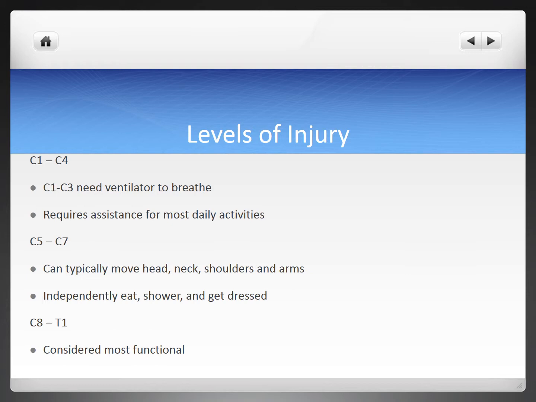Most daily activities will require assistance. In vertebrae C5 through C7, individuals can typically move their head, neck, shoulders, and arms. Also, they can independently eat, shower, and get dressed on their own. Finally, in vertebrae C8 through T1, individuals are considered the most functional.